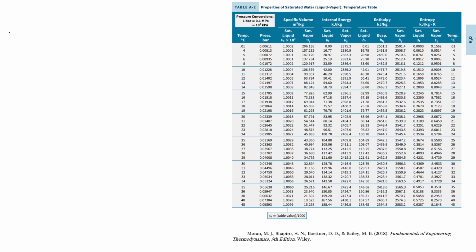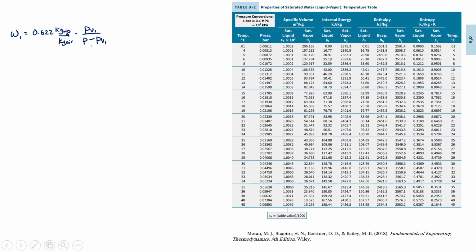I'm going to put it down a little bit because we're going to do something else first. But if you guys recall, our omega value is going to be solvable as 0.622 kilograms of water per kilogram of air times our vapor pressure of our water divided by our total pressure minus our vapor pressure of our water.